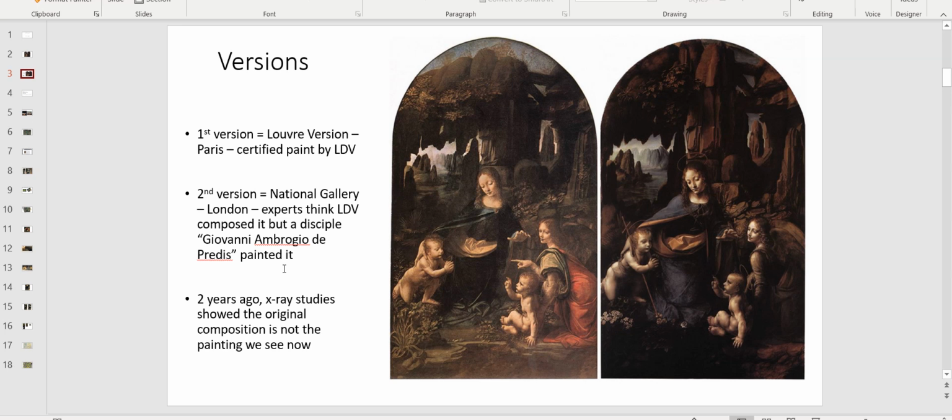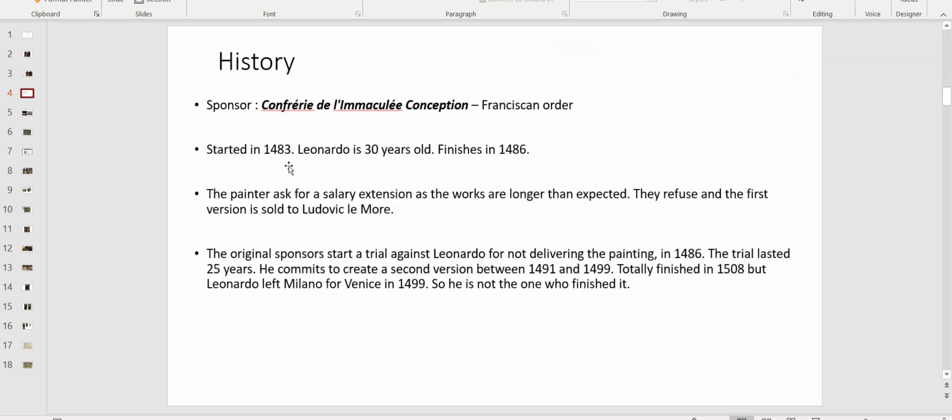On top of that, 3 years ago, the painting from the National Gallery was X-rayed, and it was revealed, I'm going to show you, that the original composition had nothing to do with what he finally delivered. So a bit of mystery there. And we're going to see that this painting has something to hide for us.